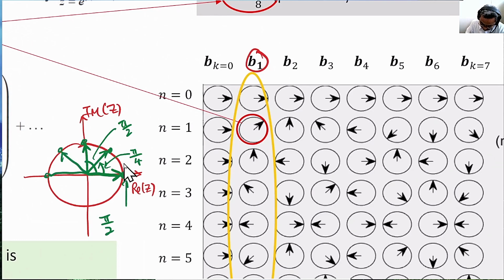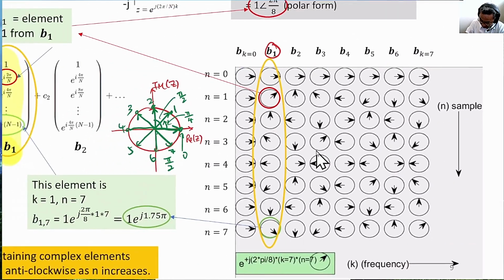If I call this the first signal, then this is the second, this is the third, you will see that the phasor is rotating anti-clockwise, because at every step I am moving by π/4. So I will take 8 steps before I move all the way back. Let's count: 0, 1, 2, 3, 4, 5, 6, 7, and on the 8th step I will move back to this point. Now let us study this picture here.